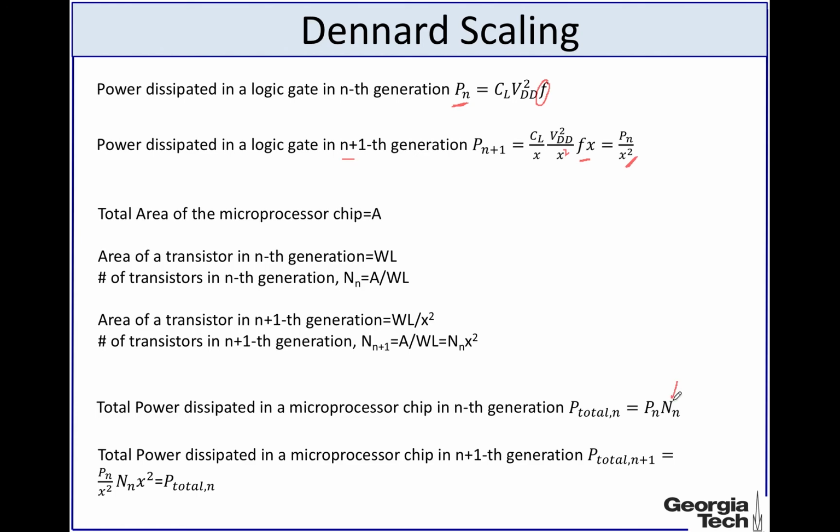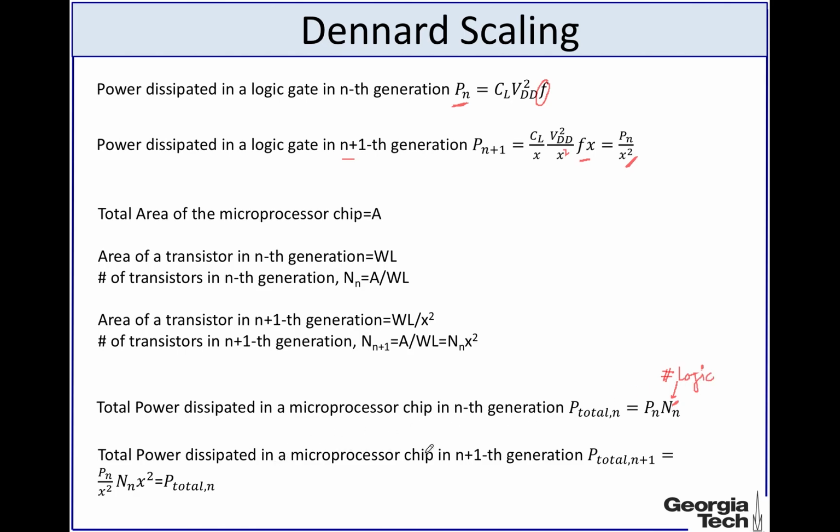For this case, you can also say that Nn can be the total number of logic gates in the microprocessor. The variation will essentially be the same. So let's use Nn prime to denote the total number of logic gates in the microprocessor of area A in the nth generation.